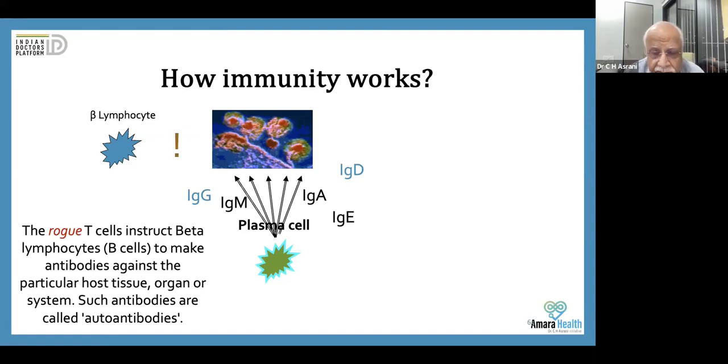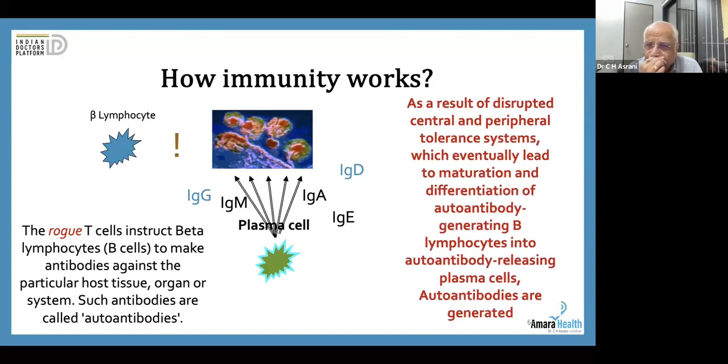So this mad T lymphocyte instructs the B lymphocyte to prepare IgM against the body tissues. As a result of this disrupted central and peripheral tolerance system, which eventually leads to maturation and differentiation of autoantibody-generating B lymphocytes into autoantibody-releasing plasma cells, autoantibodies are generated, and that is the beginning of an autoimmune disorder.